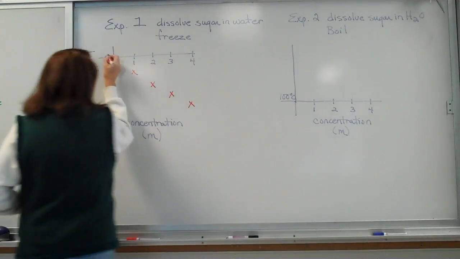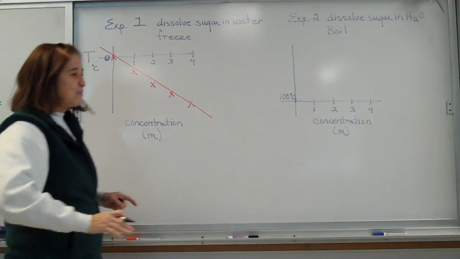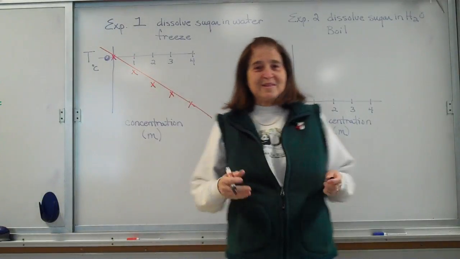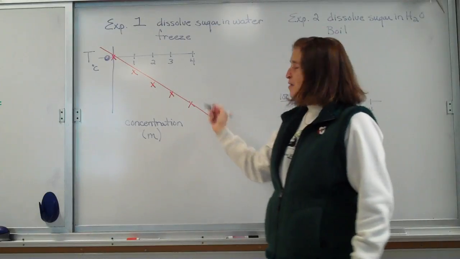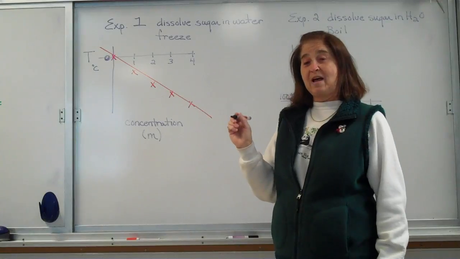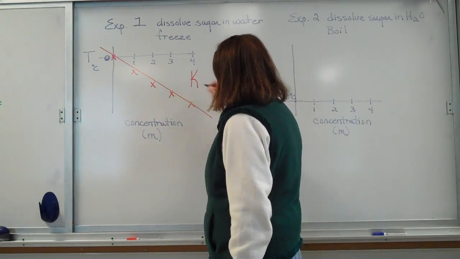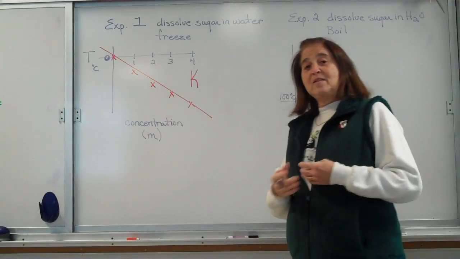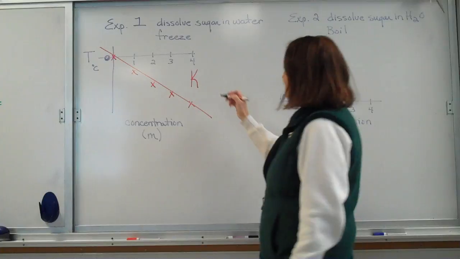If you look at this, not a good drawing on my part, there is a constant slope. So they take their data points and analyze the slope of the line. The slope of the line is called the molal freezing point constant.